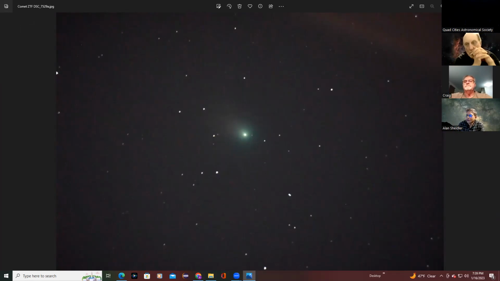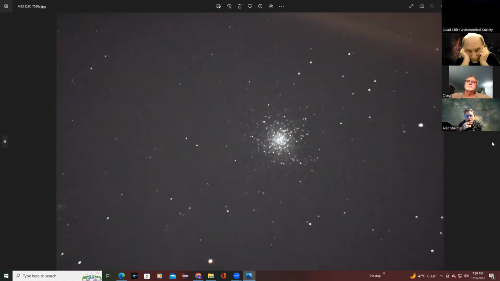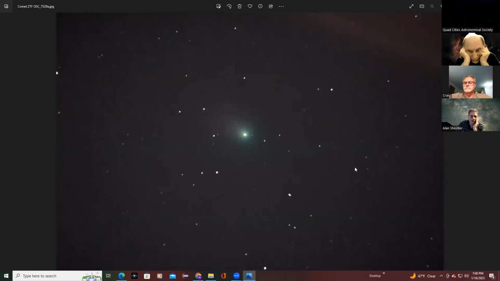And for comparison, there's M13, same settings. That's with a 10-inch LX200 f6.3 with a DSLR camera attached to it, 15-second time exposure, ISO 5000. Very simple, very easy.